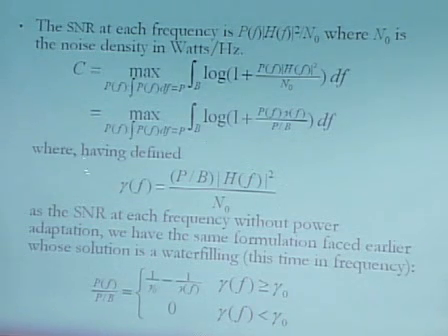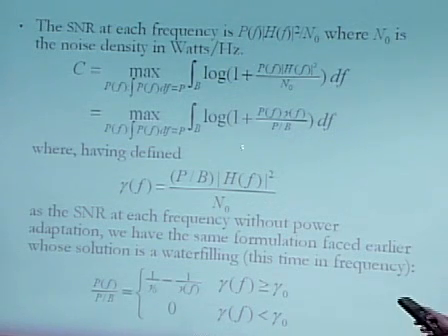Okay, so this is the SNR around the frequency f when the power is flat over the whole bandwidth. Questions here? Okay, so now let's substitute this gamma of f into the first integral, and just a simple variable substitution. It's going to give us the second integral.